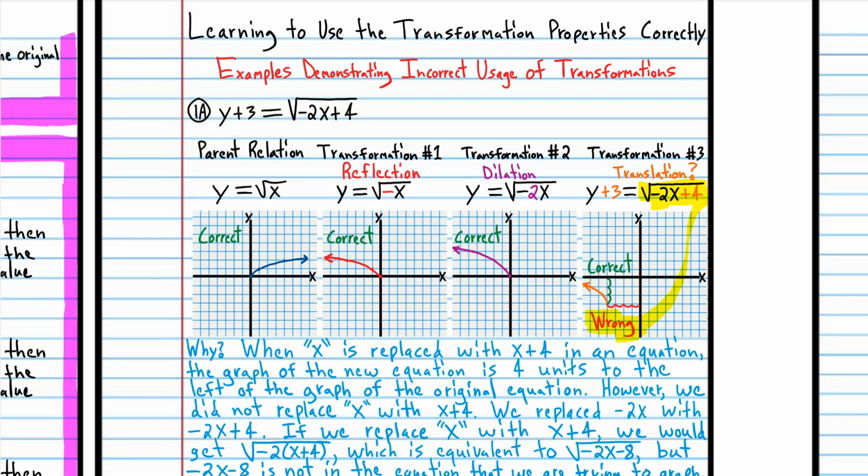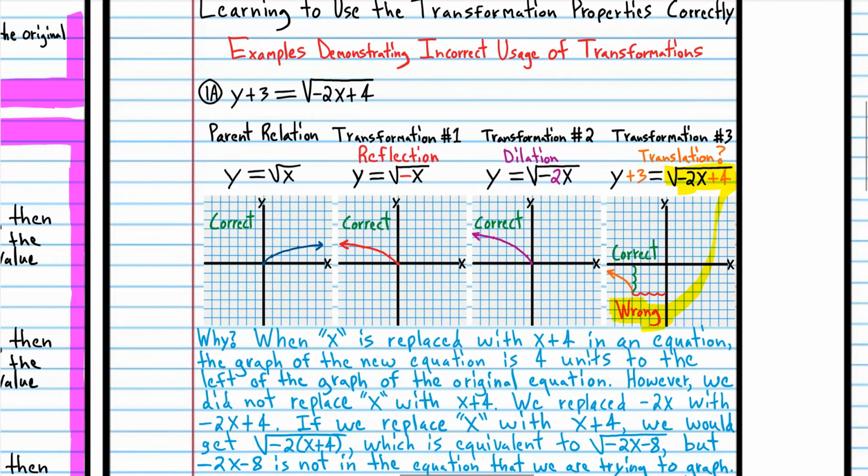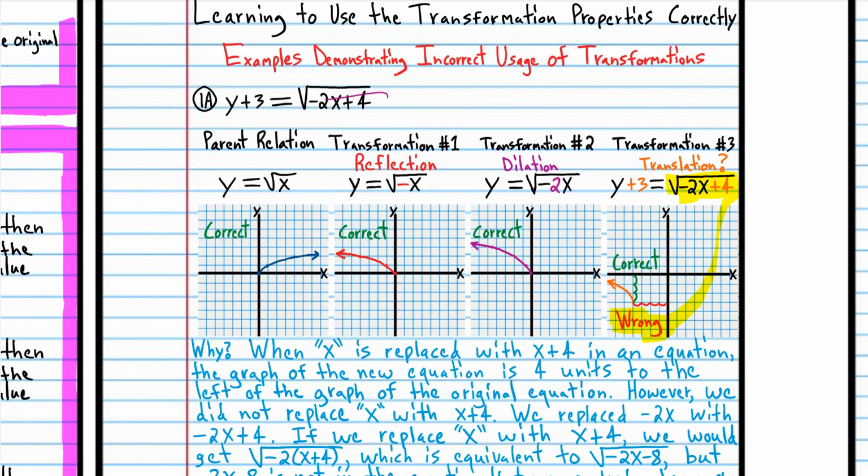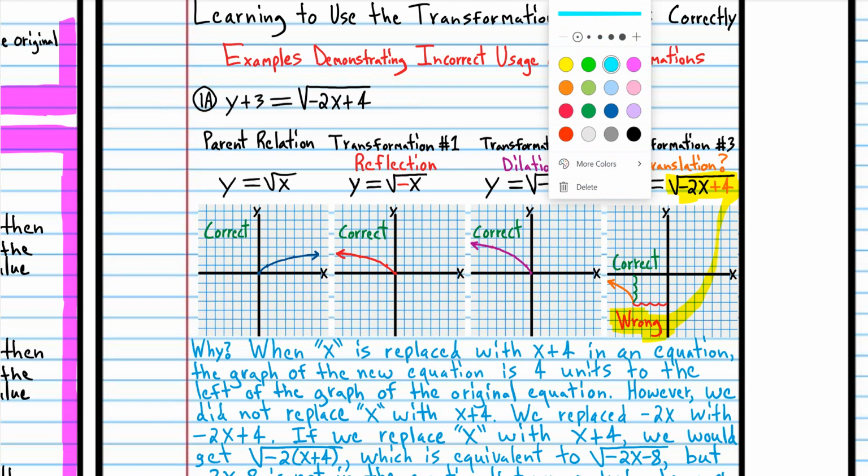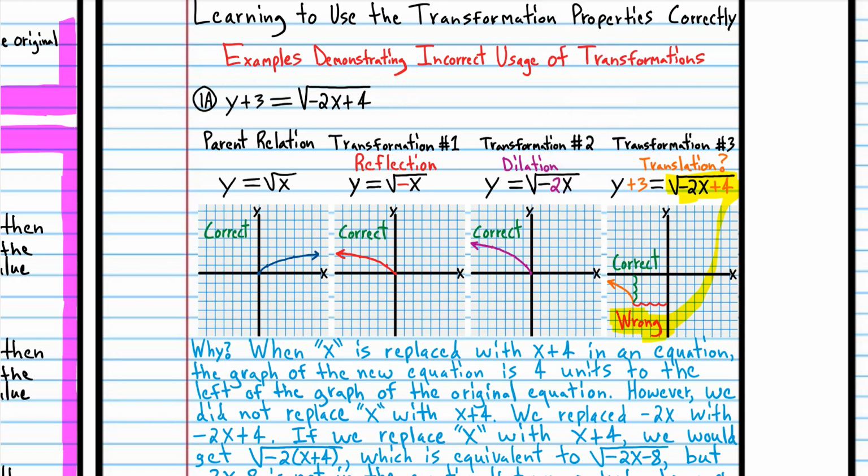But before we go into that, let's talk about the type of mistakes that students make. So we're going to graph this complicated equation here, and as usual we're going to start with the parent graph here, and we're going to write a negative on the x, which reflects across the y-axis because there's a negative up here in our equation next to the x.